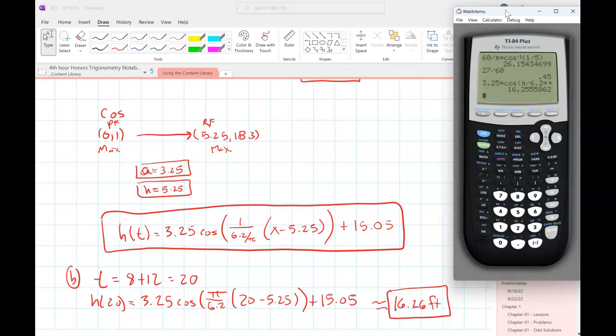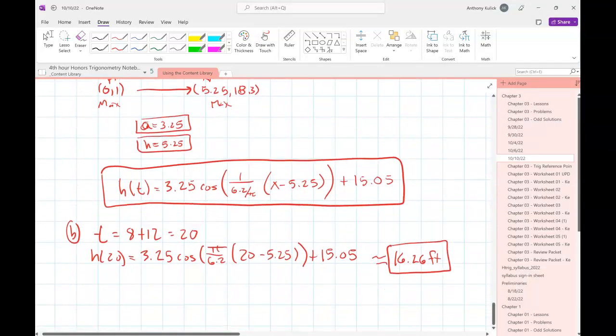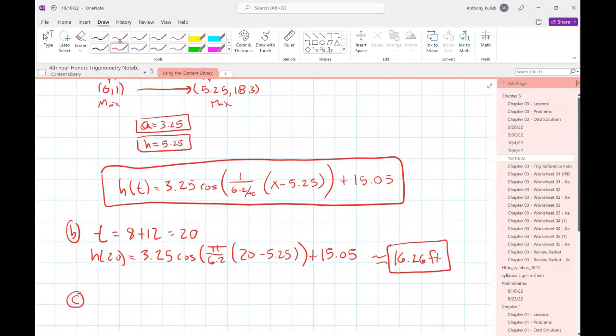Okay. Part C asks, when will the first high tide occur the following day? So when is our first high tide? So we know high tide is at 5:15 or 5.25.